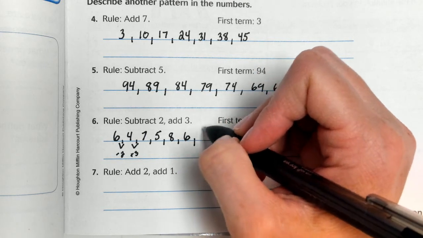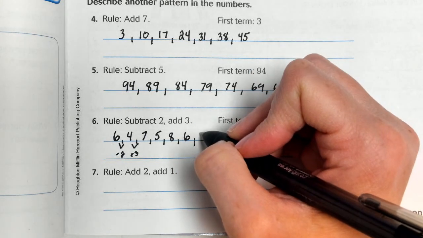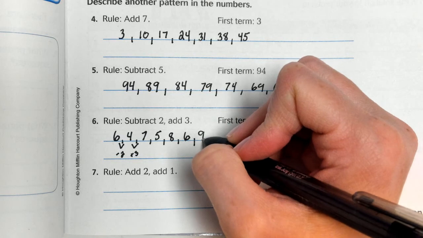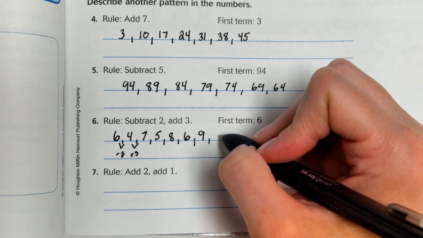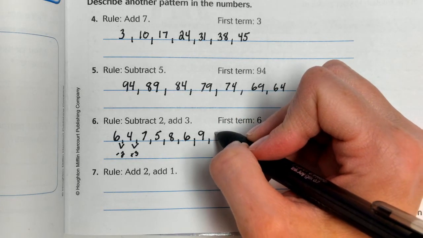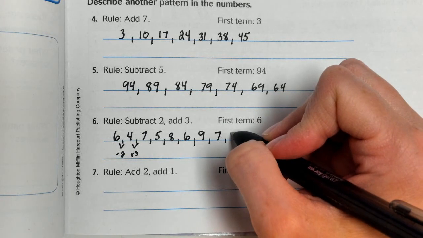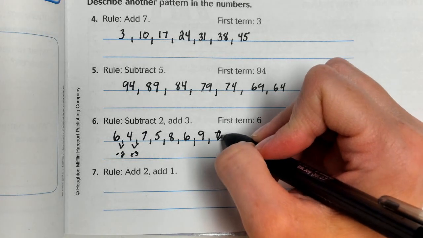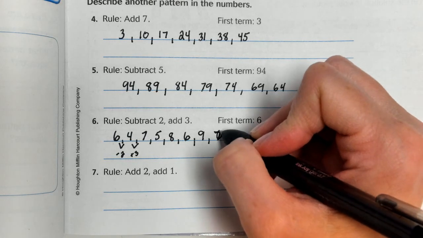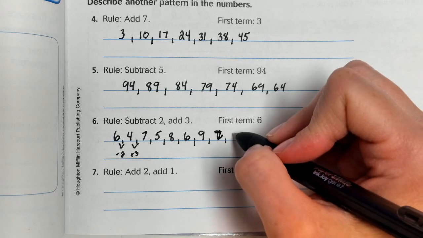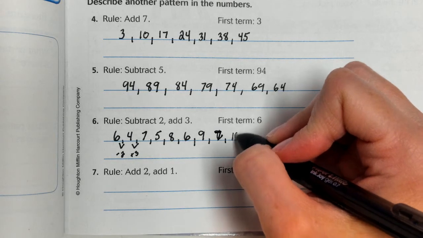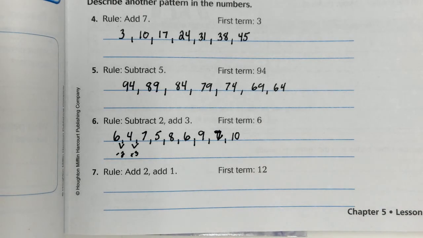That was subtract 2. Now what do I do? Add 3. 9. What do I do? Subtract 2. I thought it was 6. Oh, it should be 6. No, subtract 2 is 7. And then you add 3, you get 10. All right.